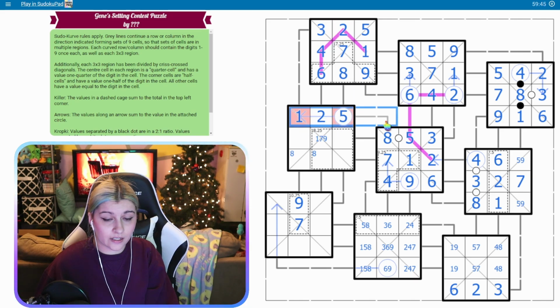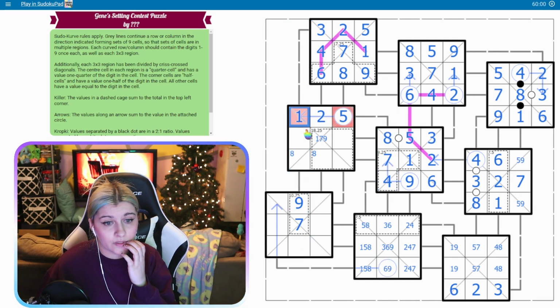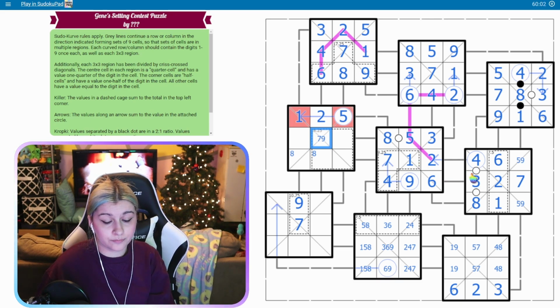Meaning 5 sees this and 5 sees this. 2 sees this and this. 1 sees right here. And right here. Okay. This can't be a 1 anymore. 7 or a 9.